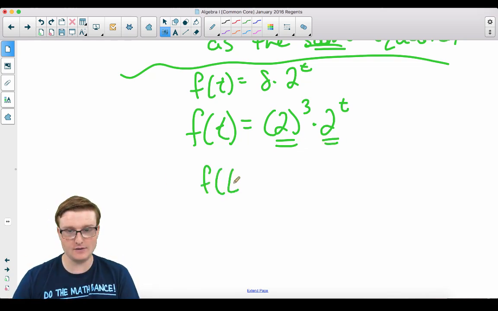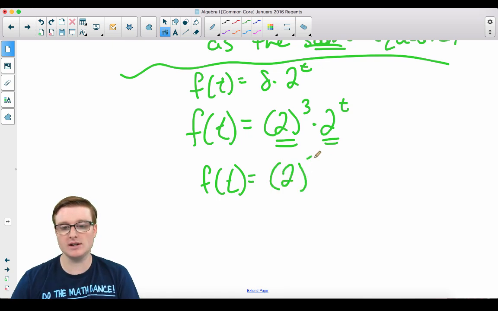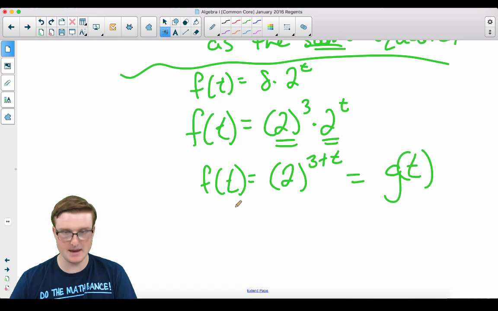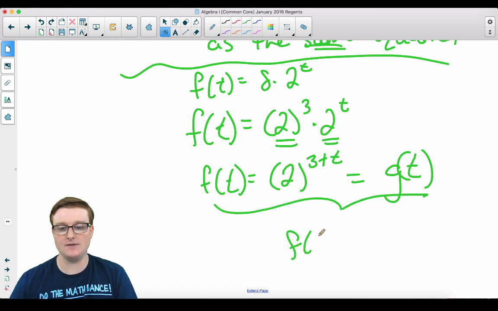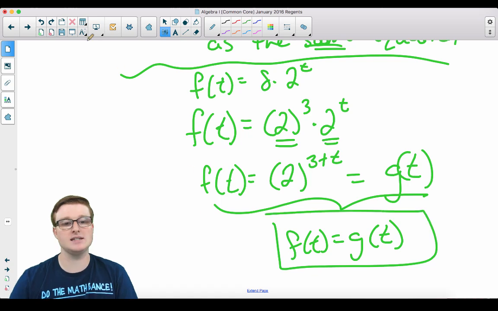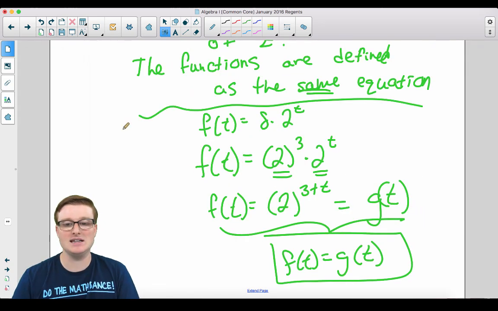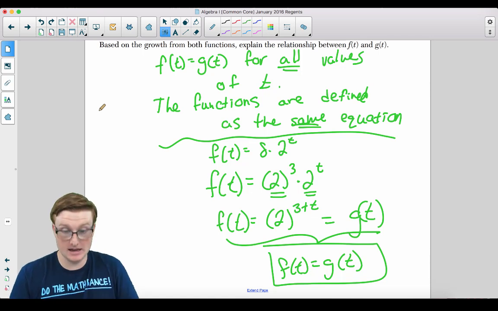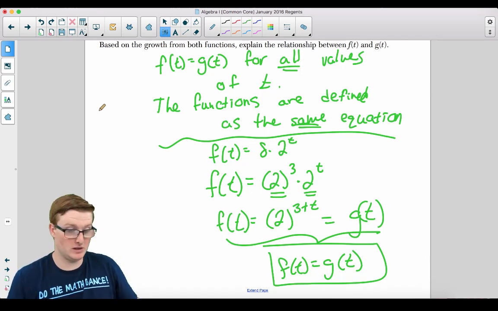So this is going to be f of t is equal to 2 raised to the 3 plus t power, which is then equal to g of t. Based off of this, f of t is equal to g of t. So it is, in fact, the exact same equation. And that is your answer. That is the relationship between the two.